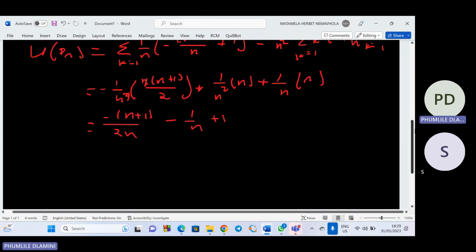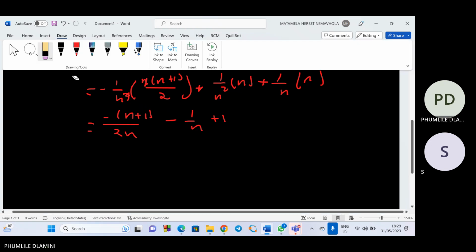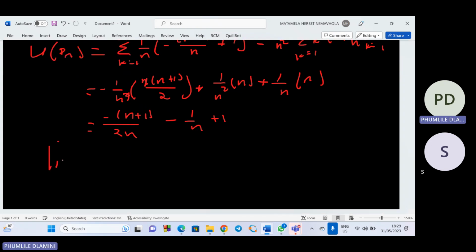is Riemann integrable. Before you do anything here, what you can also do is calculate the limit at the same time. You can say the limit when n approaches infinity of U of Pn equals, for this one here, you will see that if we divide everything by n, we are going to have negative. Let's just expand it for a little bit.